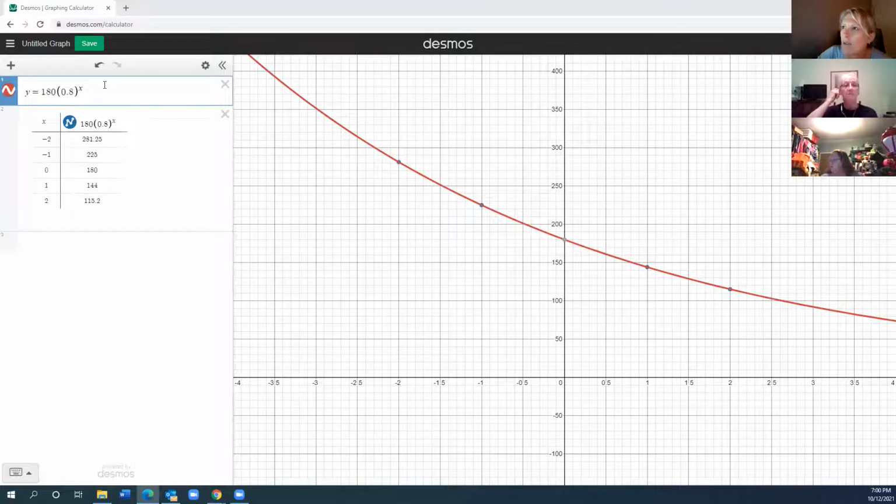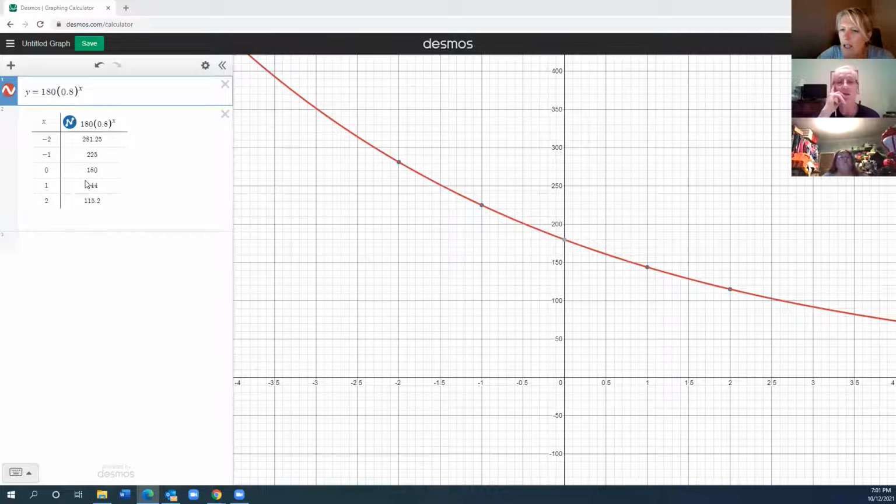Oh, so if you've got the y and you've got y equals, just like I have it, and then I copy it, I cut and paste it, and I put it down below again. Right, I did that. And then I did the gear. Okay. And then on one of them, I chose the table, so it would make the table for me with the same equation.